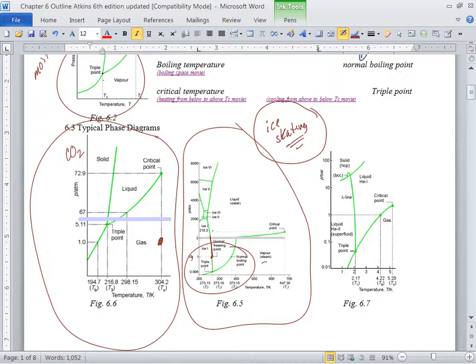Without this line going back between the solid and liquid phase, complete opposite of every other compound known to man, ice wouldn't float. Ice would sink. Pretty much every compound, when you freeze it, it gets more dense and it sinks.